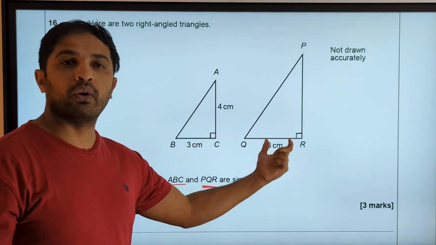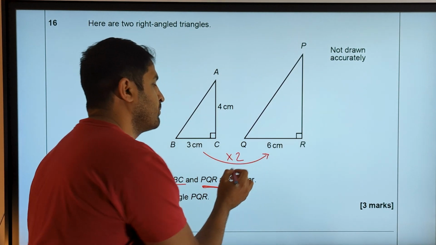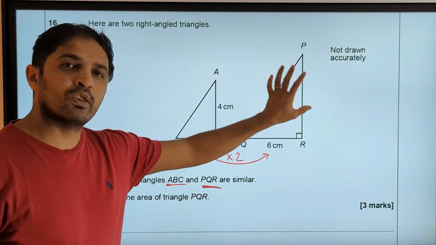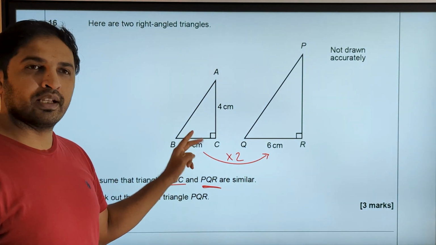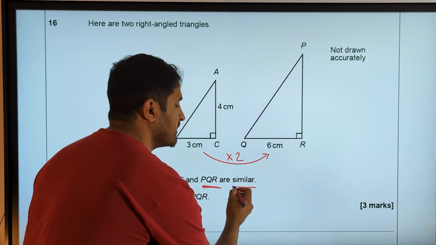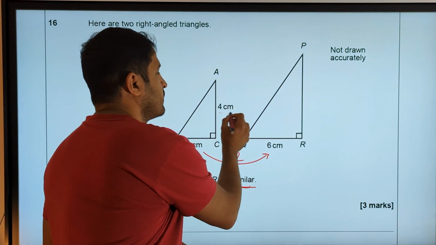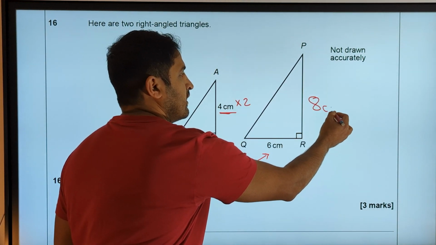It's 3 goes to 6, so this triangle is 2 times bigger. So every single length on that triangle is going to be 2 times bigger compared to this triangle. That's what the word similar means. So let's make this length 2 times bigger as well. That's 4. We multiply it by 2 and we get 8 centimeters.